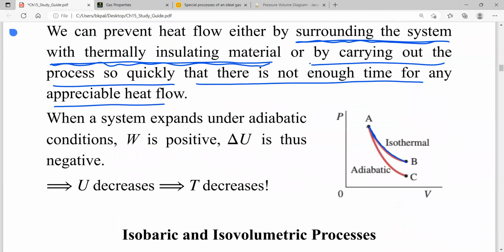Okay, so adiabatic expansion means expansion, and expansion means volume increases. Now when the volume of a system increases, you will see the temperature of the system decreases.